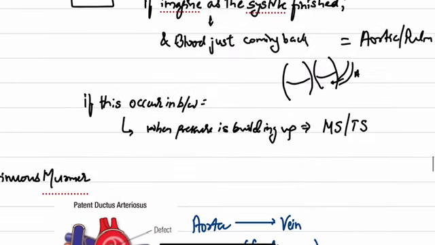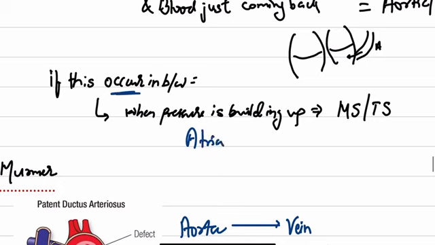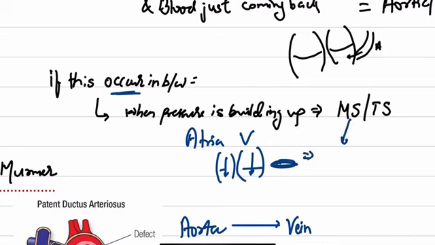But if it occurs in between, when the pressure is building up in the atria and the valves are not completely opened, this is known as mitral stenosis and tricuspid stenosis.